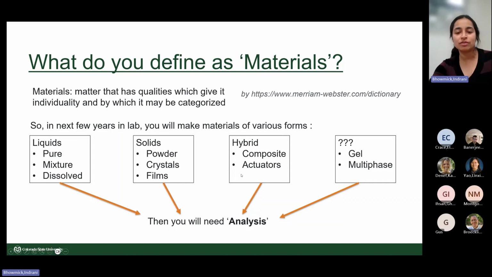A layered thin film is one of the examples of a hybrid material, where you have a substrate and you put different layers for your desired properties, and then you use that as a device designing concept, like actuators, and it could be different forms like gel cell or multiphase.